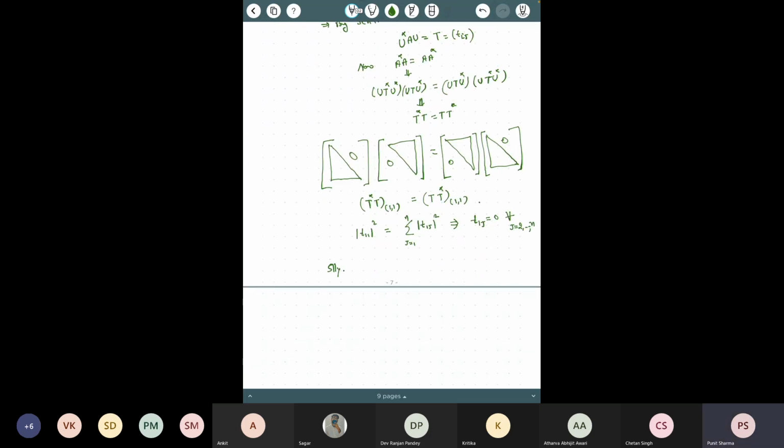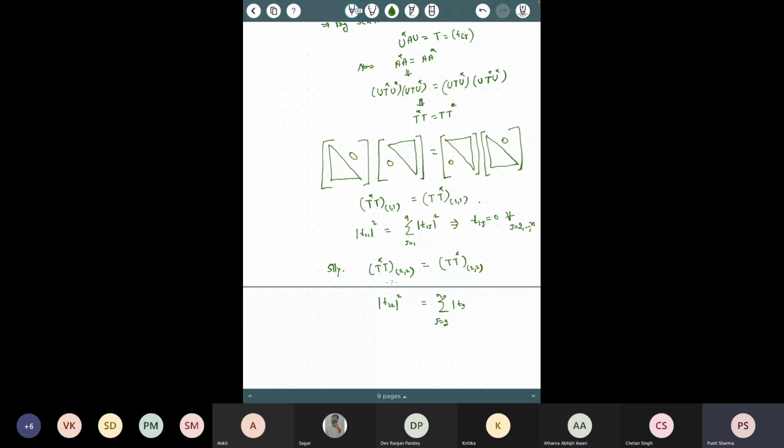Right? Similarly, if you compare the 2 entry of T star T and the 2 entry of the right-hand side T T star, then the left-hand side would be mod of T22 squared, and the right-hand side would be this summation.